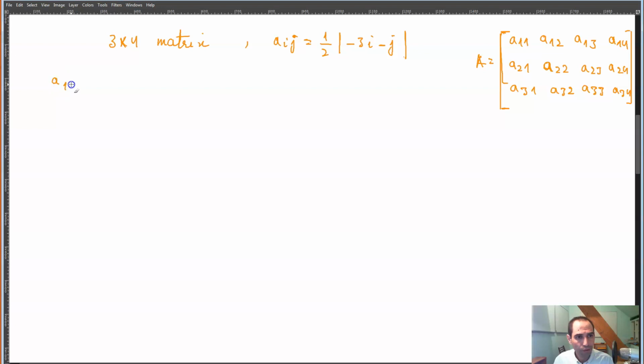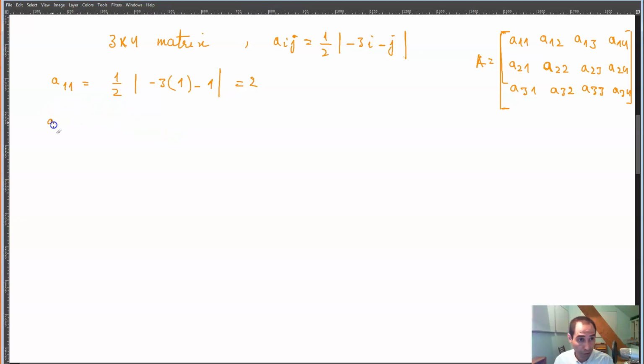So A of 1,1 is equal to 1/2 times the absolute value of -3 times 1 minus 1. Here your i is equal to 1, your j is equal to 1. Now this is -3 minus 1, which is equal to -4. The absolute value of -4 is 4. 4 divided by 2 is equal to 2.